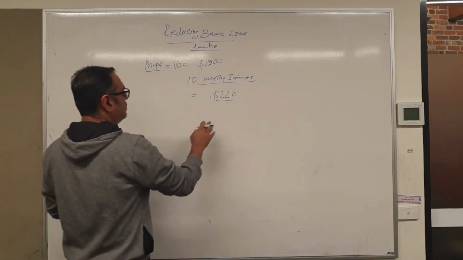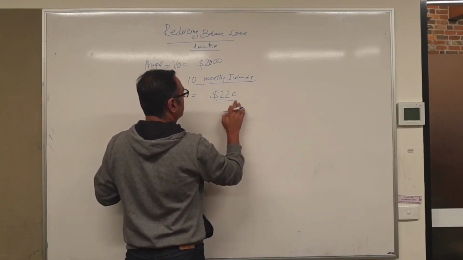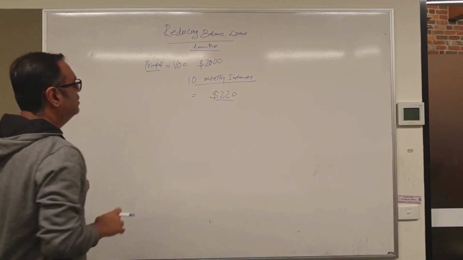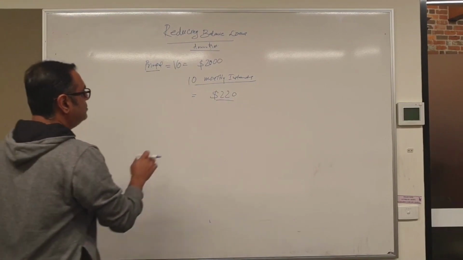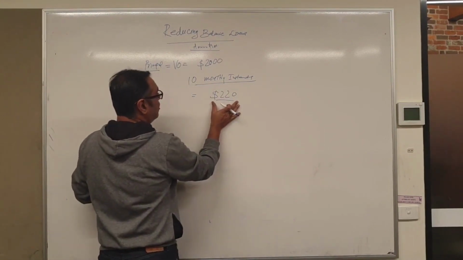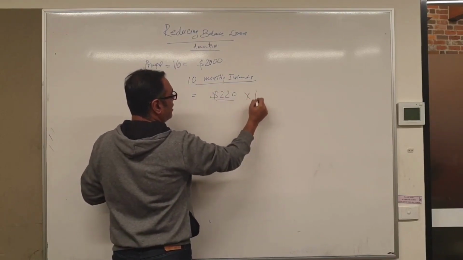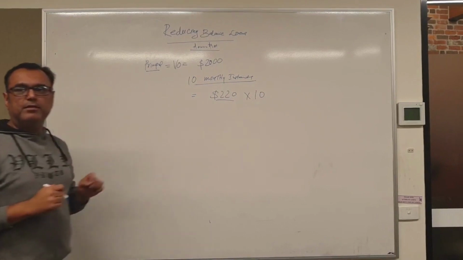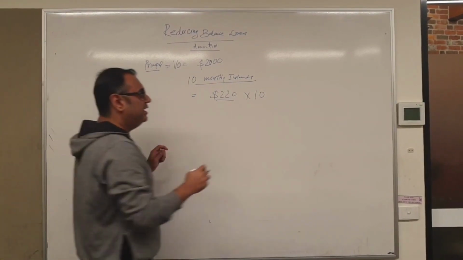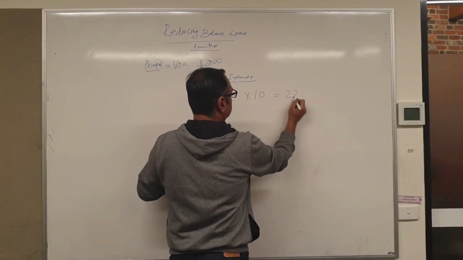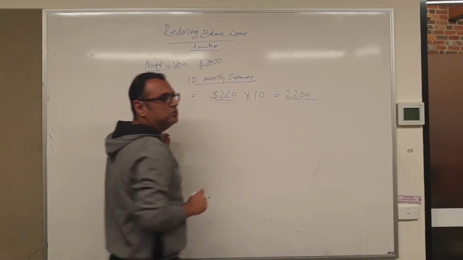Now, if you're timesing it by 10, how much are you paying in the end? $2,200.